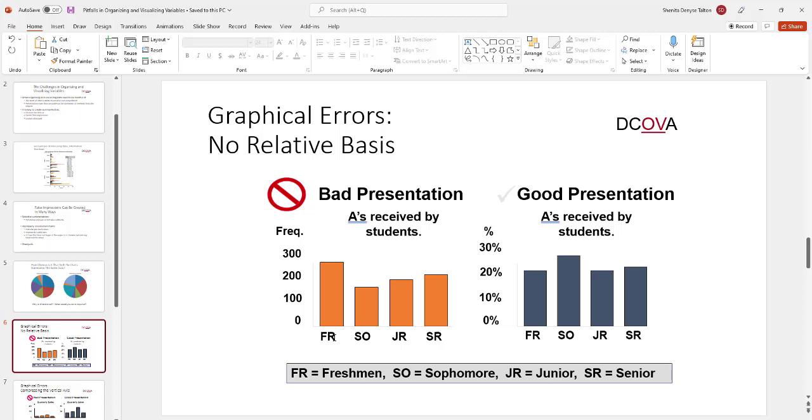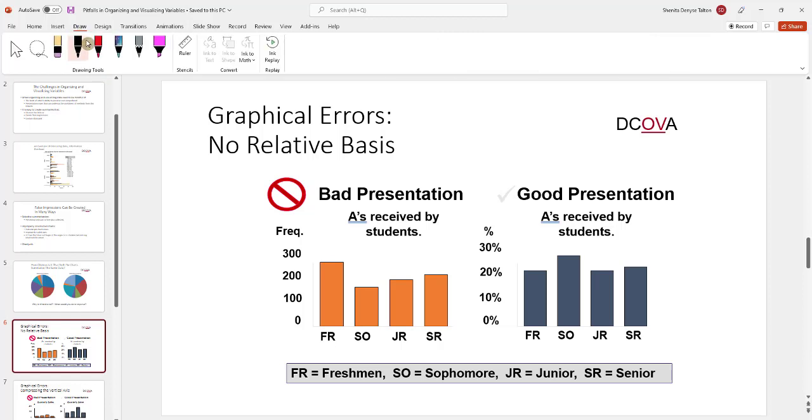However, there might be 1,000 freshmen in the class. So let's say this is 250 out of 1,000. And then for the sophomores, as you can see, it looks like 150 sophomores got A's, but out of how many sophomores? So let's say they have 300 sophomores.